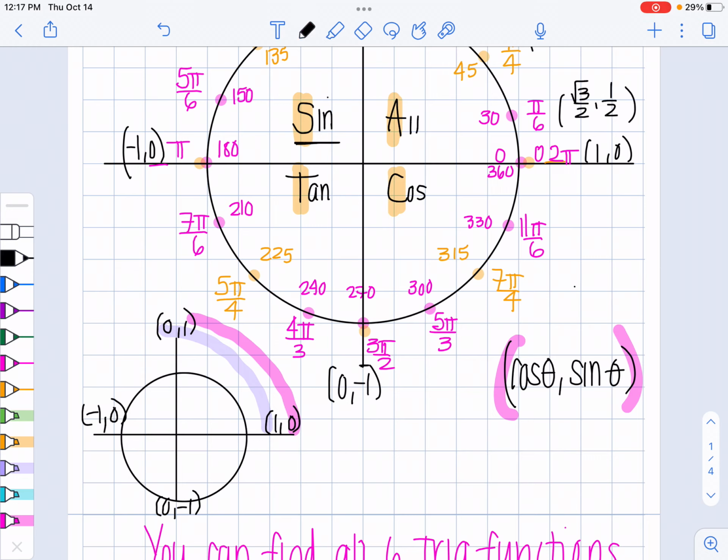So my x values, I start up here at 90 degrees, and I count 0, 1, 2, 3, and I'm going to write the 4 here. Then for my y values, this purple, I'm going to count 0, 1, 2, 3, and I'm going to write the 4 up here. Okay, so I'm going to divide everything by 2.